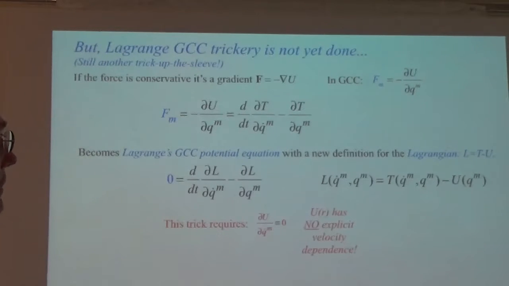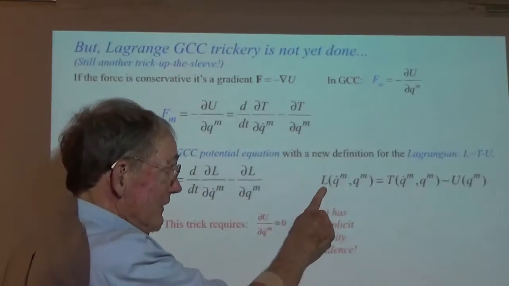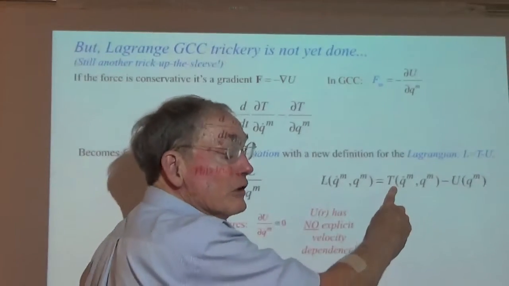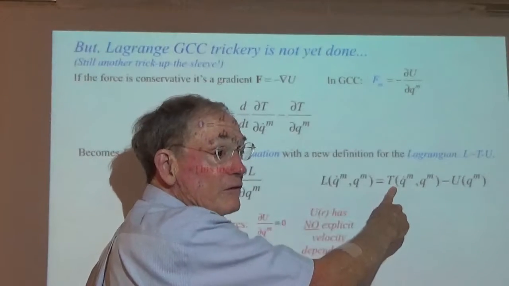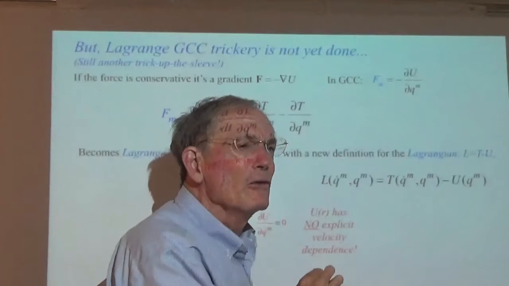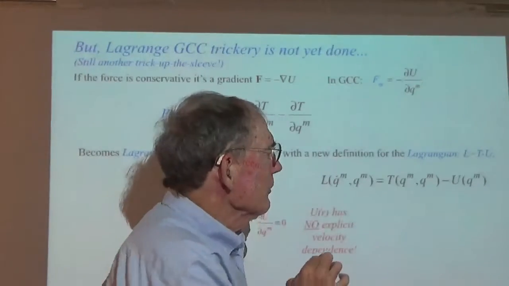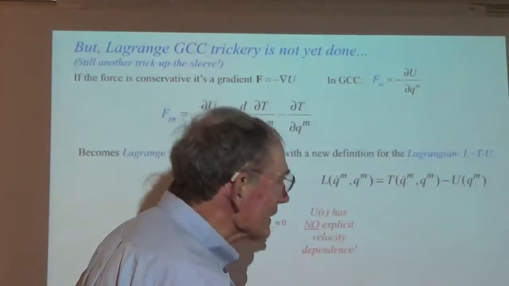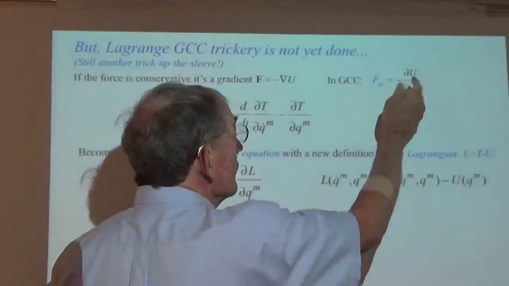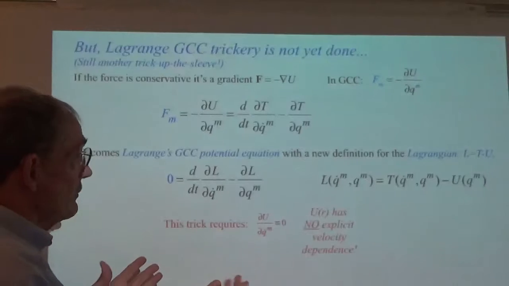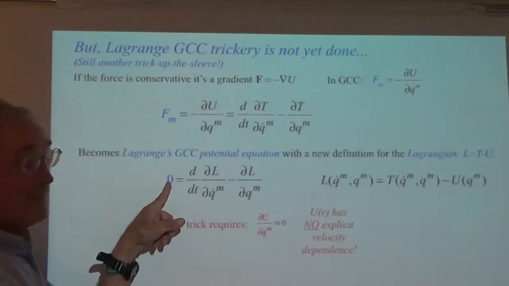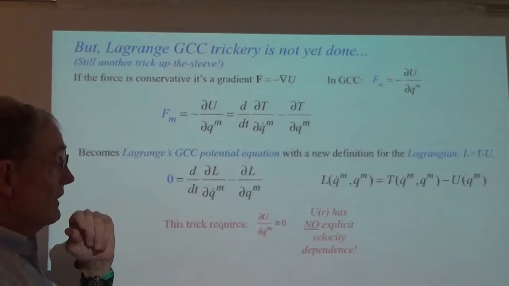So what we do is we define the Lagrangian to be the kinetic energy that we did for all the Super Bowl stuff, but we didn't have any potential that the balls were in. So here's where we put it in. Because if I put T minus U, the minus sign shows up very nicely in this, and you get 0 here. That's kind of cool.